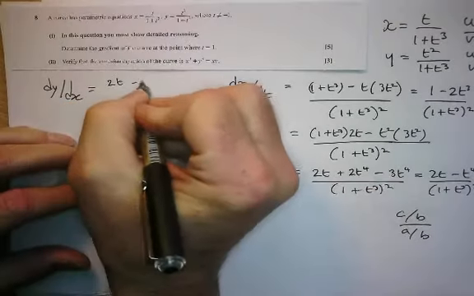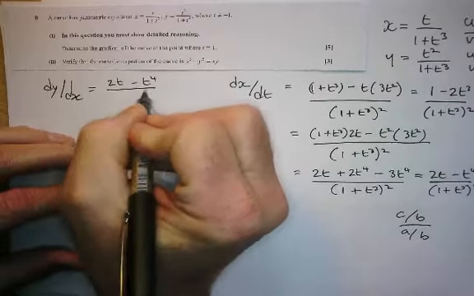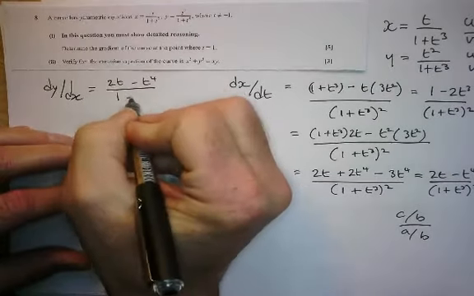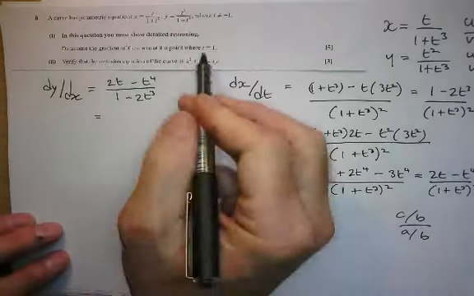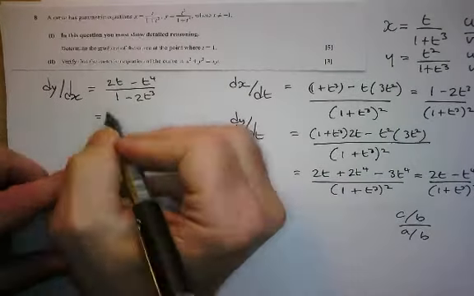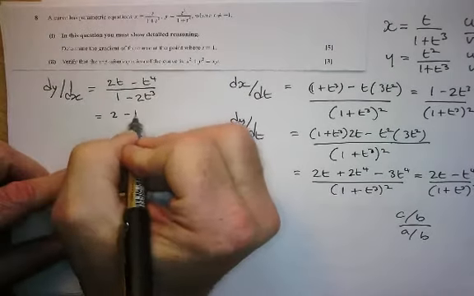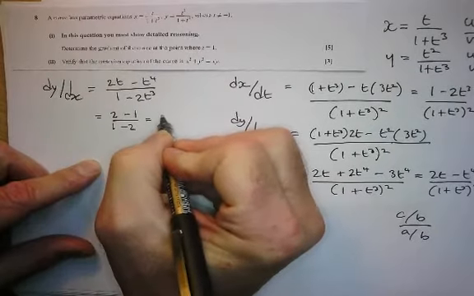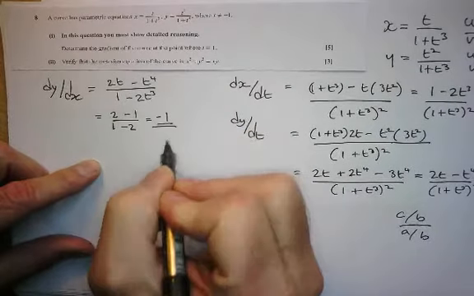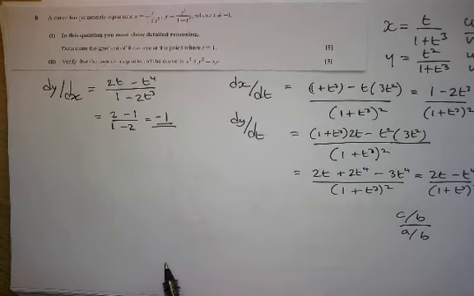So it's going to be 2t minus t to the 4 all over 1 minus 2t to the 3. And it says a gradient when t equals 1. So that means it's 2 minus 1 all over 1 minus 2, which is 1 over minus 1, which is minus 1. So I get the gradient of minus 1.